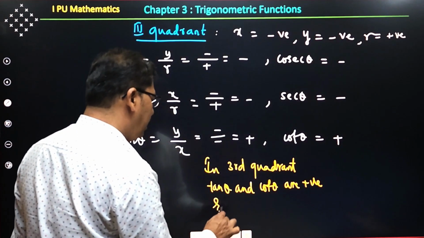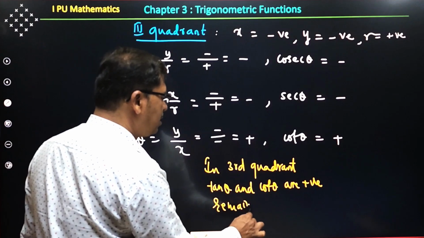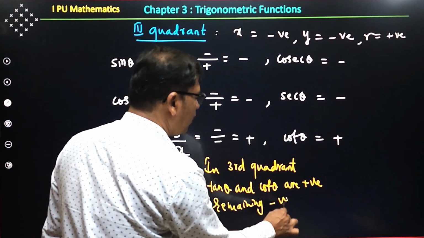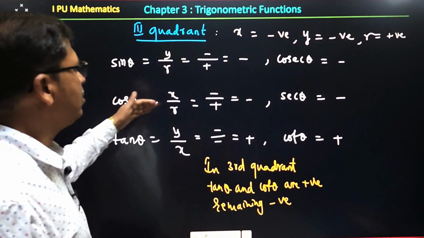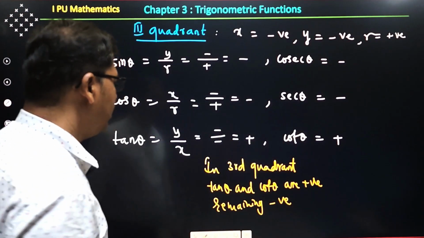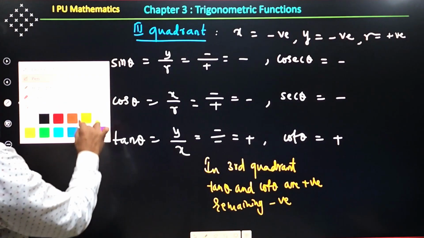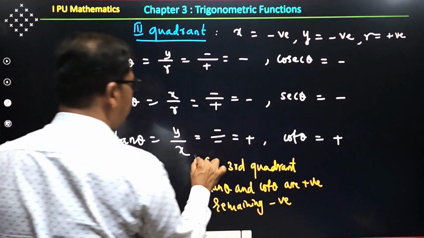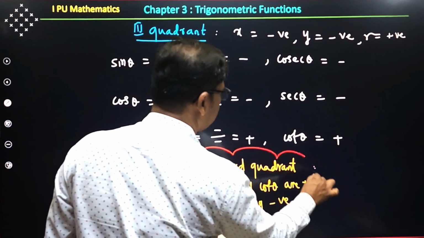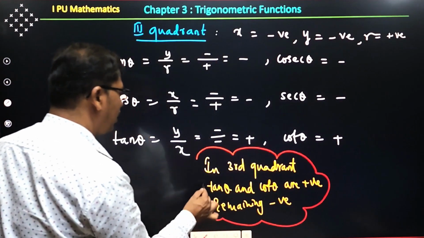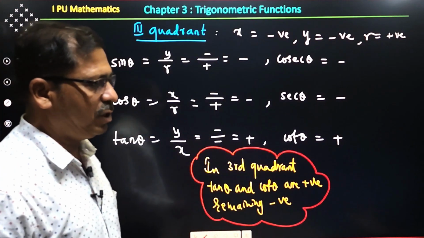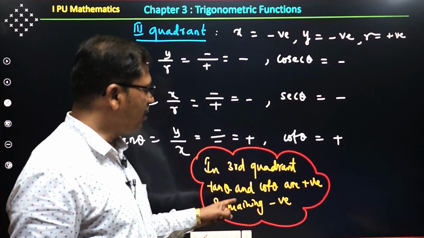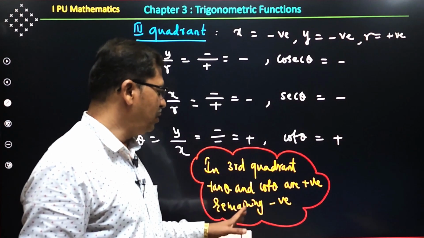Remaining negative. Remaining means sin theta, cos theta, cosec theta, sec theta, all are negative. This is the conclusion that you need to remember. Please remember this, it is very important.